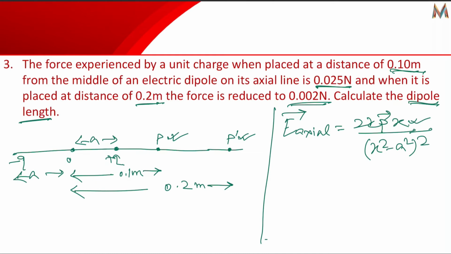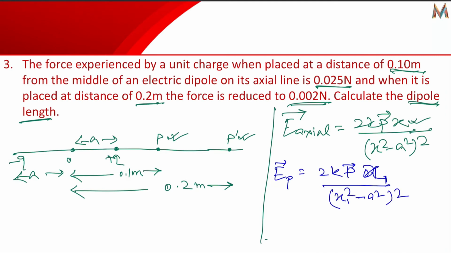So if we apply this to the P point, then EP will become 2 k p, where p is the dipole moment, 2 k p x, and this distance is 0.1, or let us write it as x1, upon x1 square minus a square whole square.